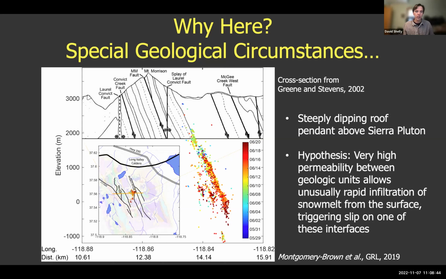It's infiltrating in an area of very high permeability because of the geology, and it's quickly getting down to depths where earthquakes can be generated. And so I guess it must be some combination of this unusual geology with relatively high strain rates that makes it so we see this pattern in this area.